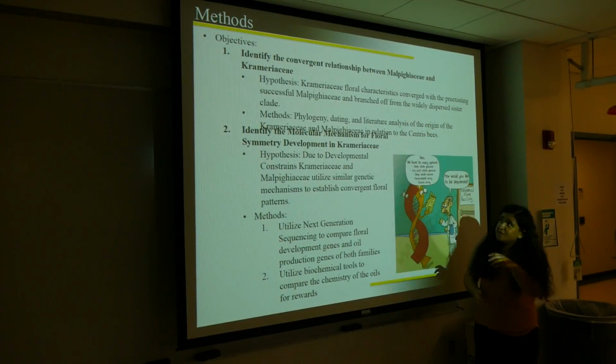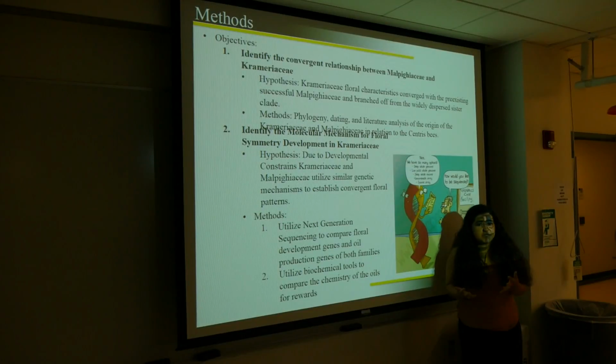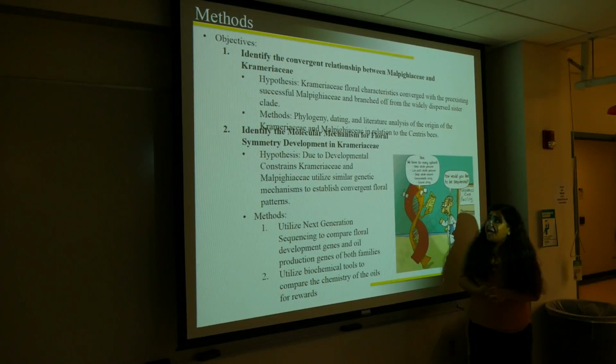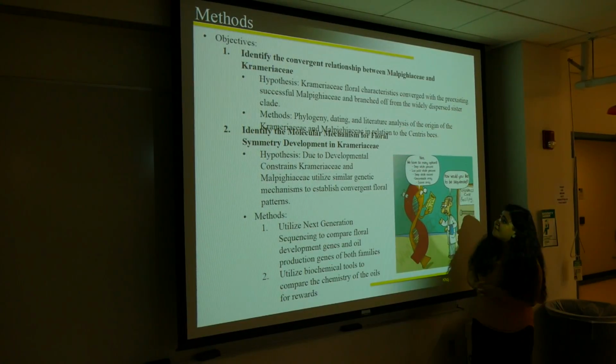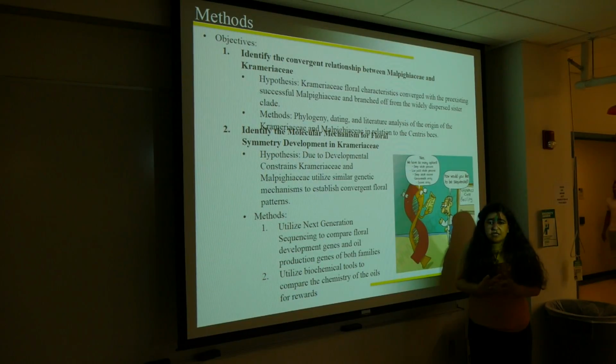My first objective is to identify the convergent relationship between Malpighiaceae and Convergence. For this, I hypothesized that Convergence are a newer family, based on the literature search, and that they have come about based on the adaptive advantages that the Malpighiaceae provide with their oil production and their single plane of symmetry.